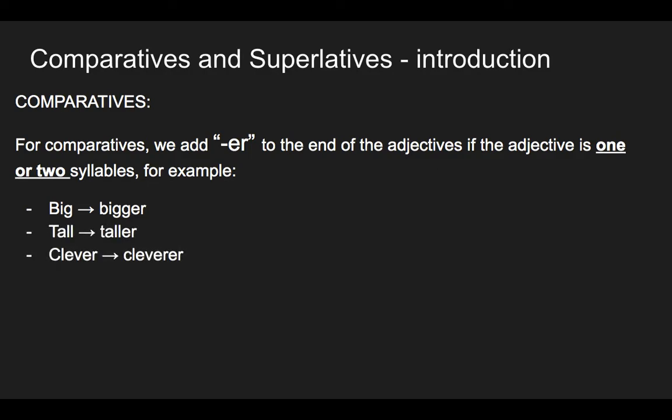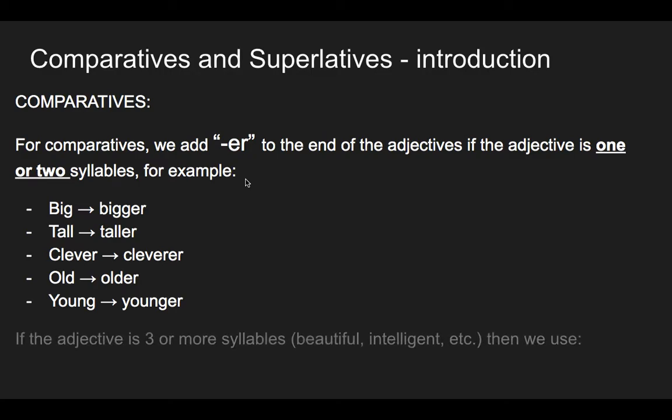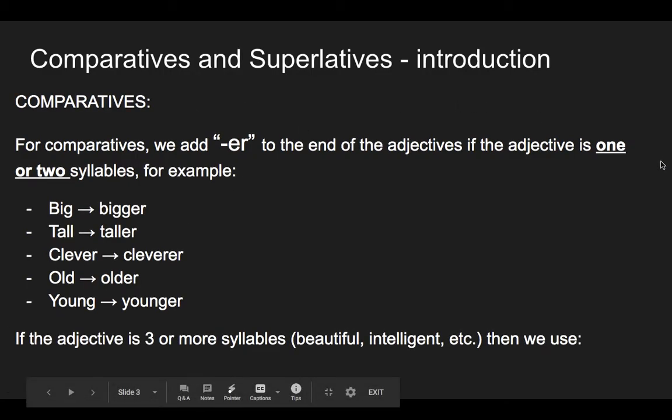Clever, two syllables, clever, cleverer. Old, older. Young, younger. Another example of an adjective with two syllables could be easy, easier. So we add this er if it's one or two syllables.